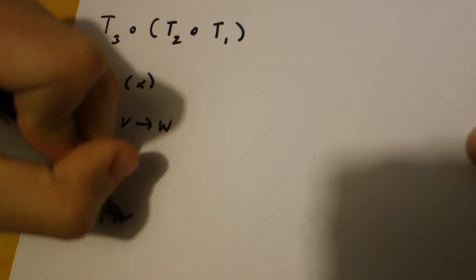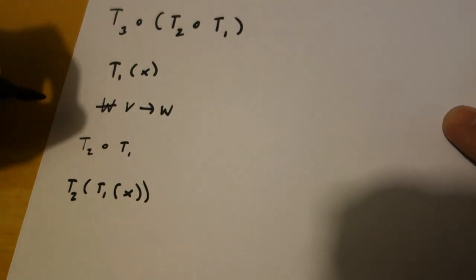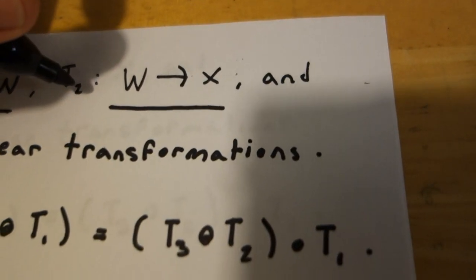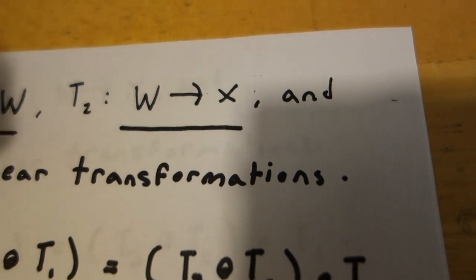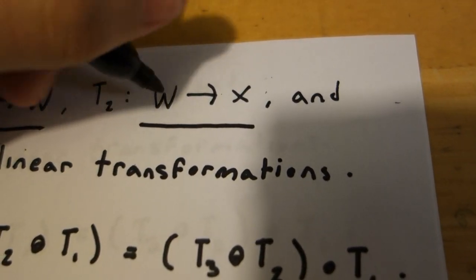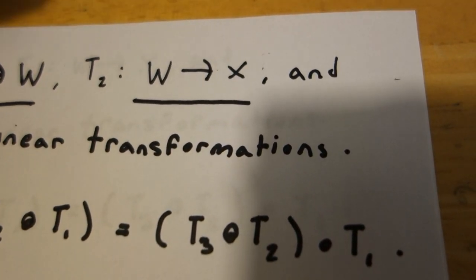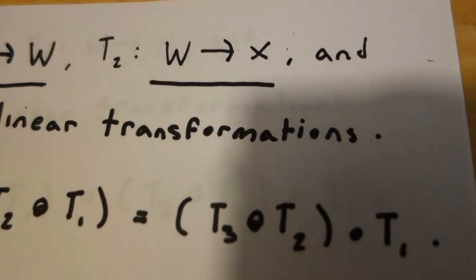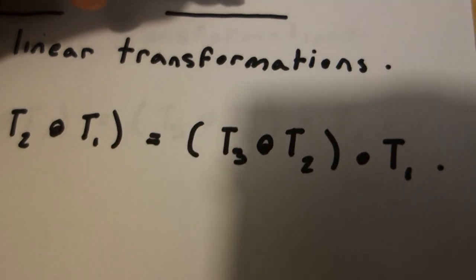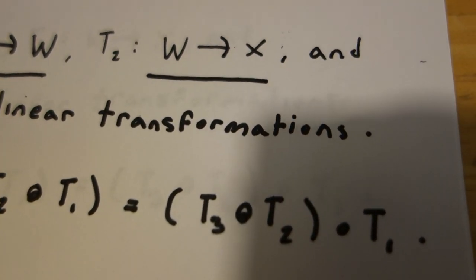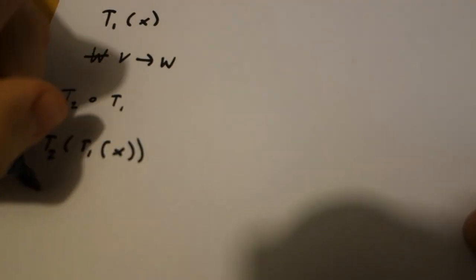This can be written as T2 of T1(x), and T2 maps, once you apply the transformation of T2, a vector in W is transformed into a vector in X. And as you can see, this is valid because T1 produces a vector in W. So T2, let me write that.